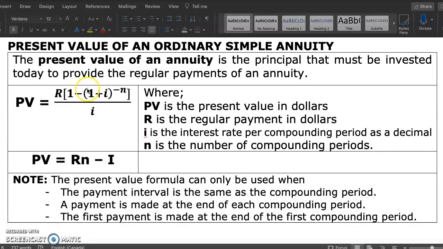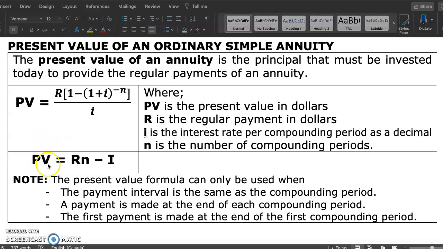So this is our formula. Present value is equal to the regular payment that you expect to receive in the future, the interest rate adjusted for the compounding interval, and n is the number of times that you expect to receive the payment, which is also the number of compounding periods, because those payments and the compounding happen at the same interval in an ordinary simple annuity.